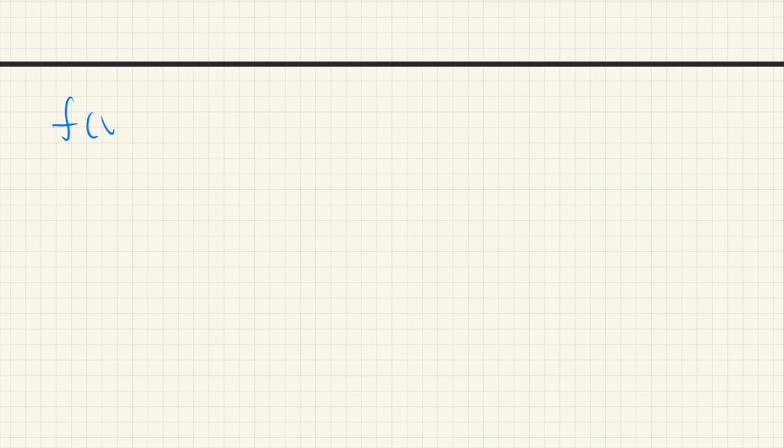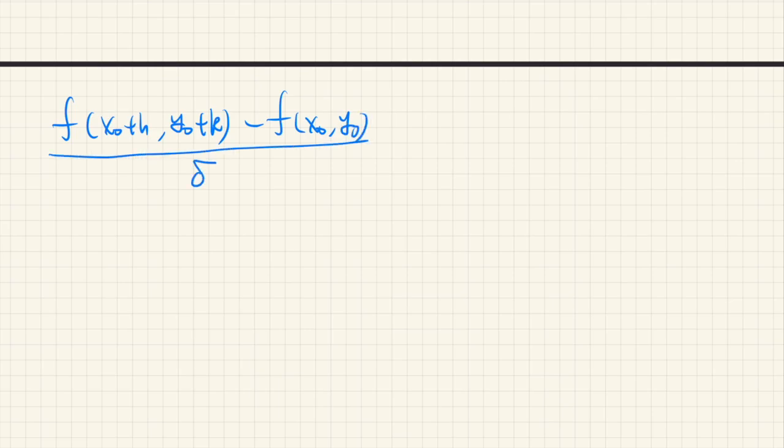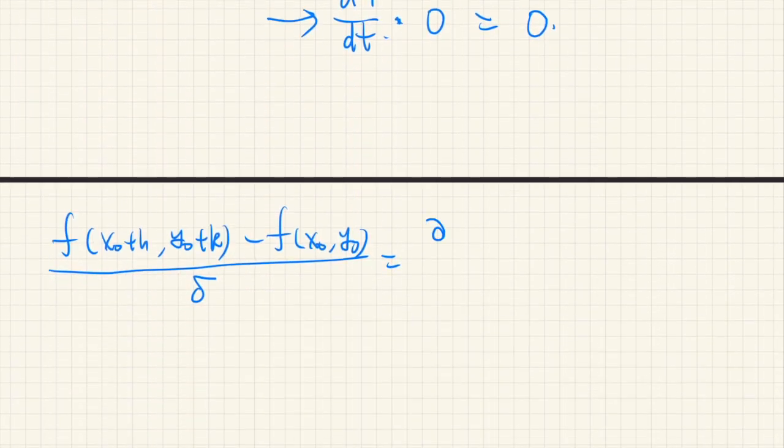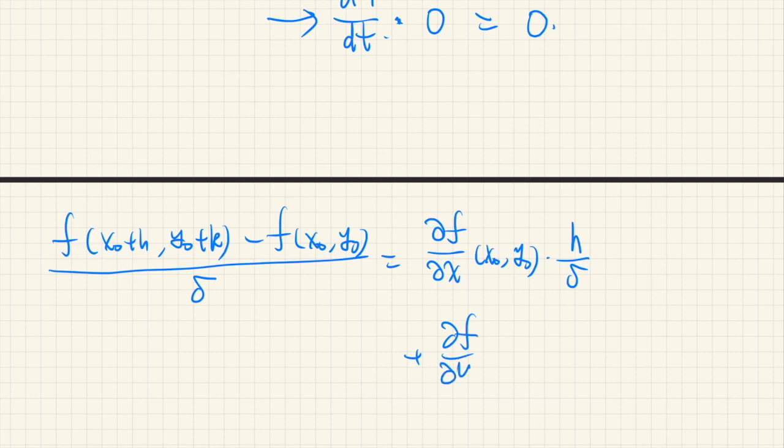f of x0 plus h, y0 plus k, minus f of x0, y0, divided by delta equals this one, partial derivative with respect to y at x0, y0 times k over delta.